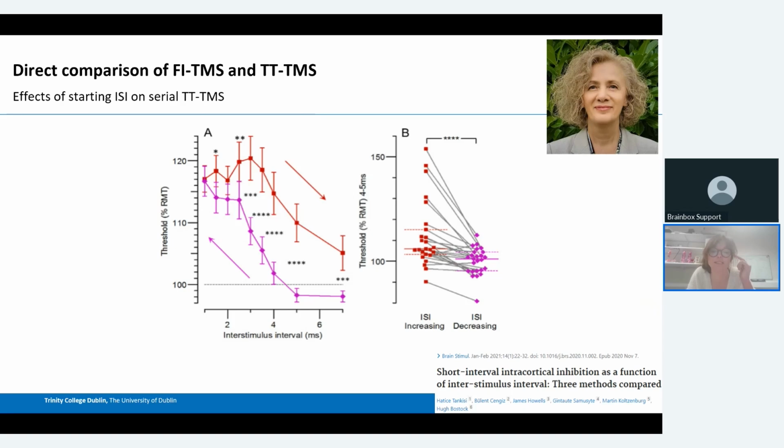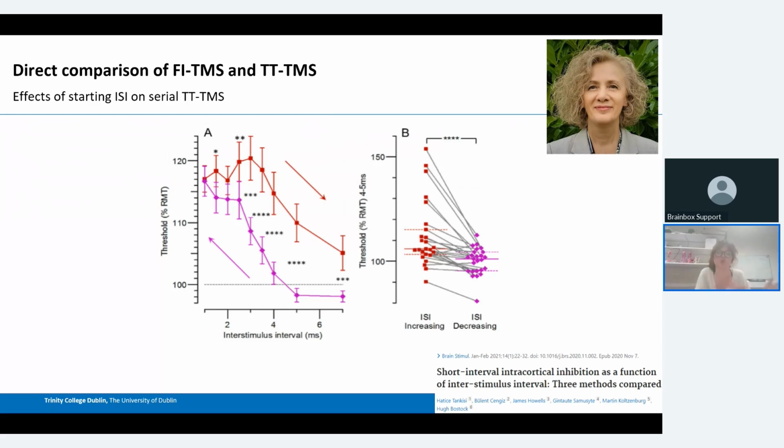So what they did to test this was they did this serial tracking starting at 1 and then going 1.5, 2, 2.5, 3, and so on. And then they did the reverse. They, in the same people, measured SICI, but starting off at the higher end. So at 7 and then going 7, 6.5, 6, 5.5, 5, 4.5. And you can quite clearly see that for the ones that started off with the lower interstimulus intervals and went up, all the values were higher.